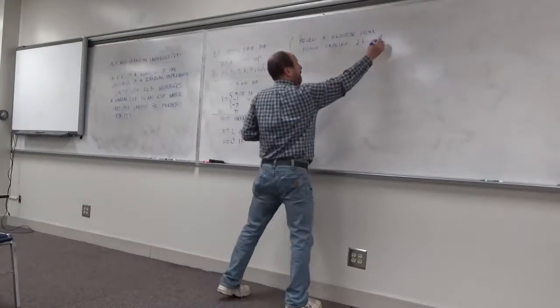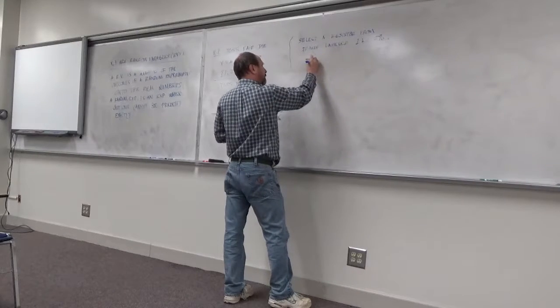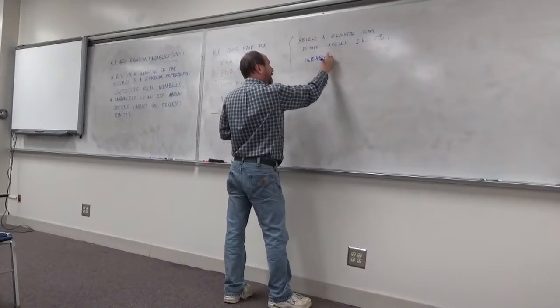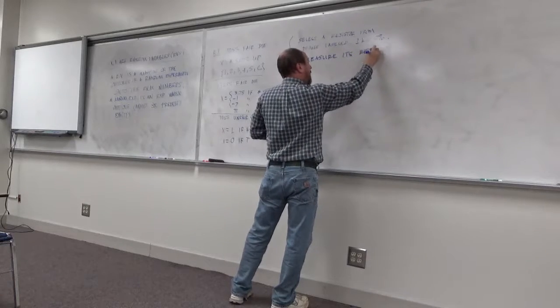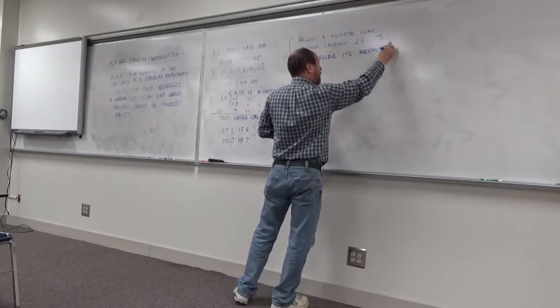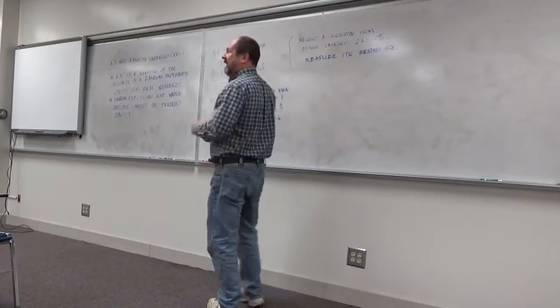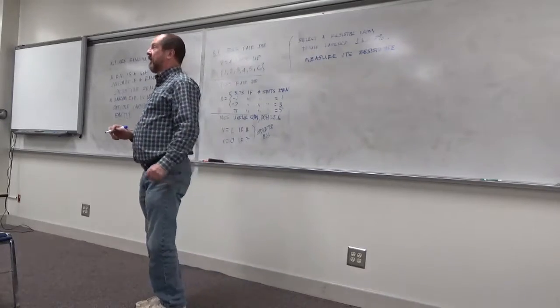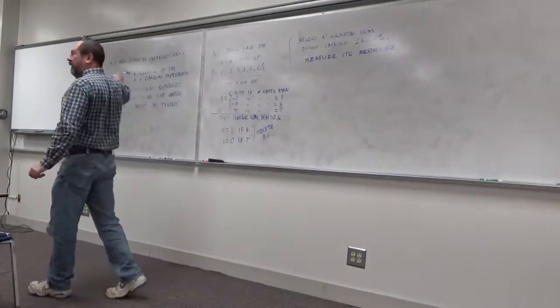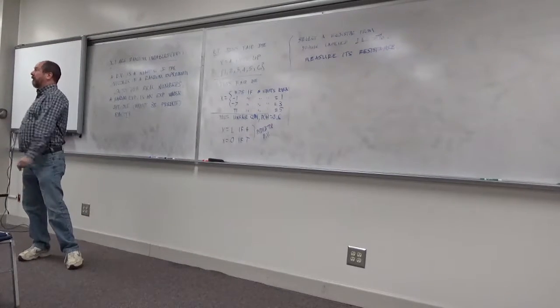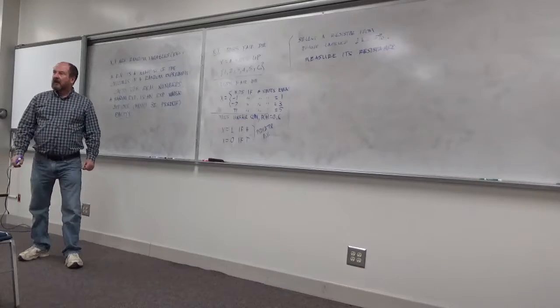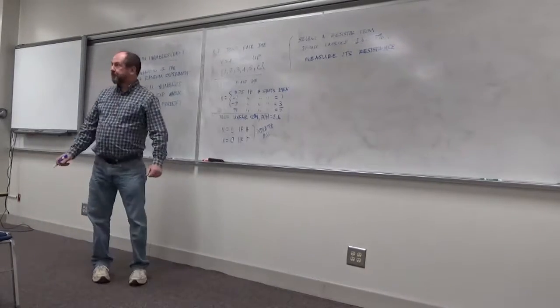Measure its resistance. Now, that naturally has a numerical answer, doesn't it? I don't have to come up with some weird mapping. That'll be a number, and it will show up on my ohm meter.